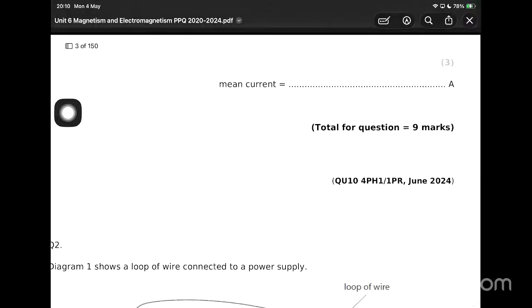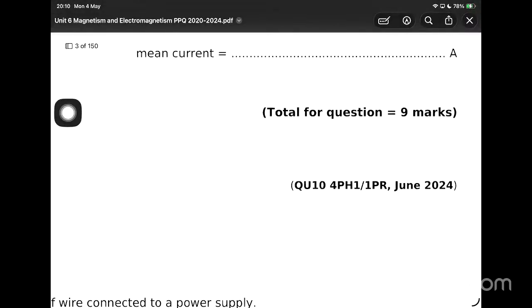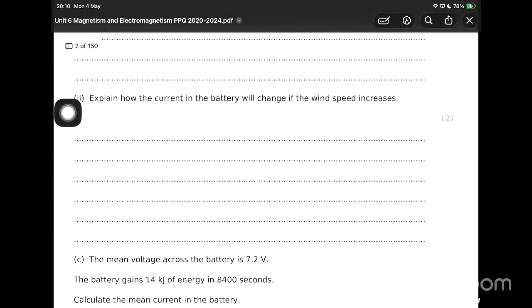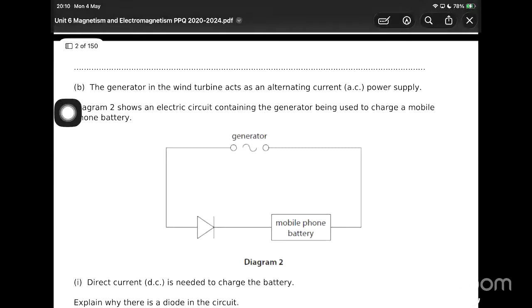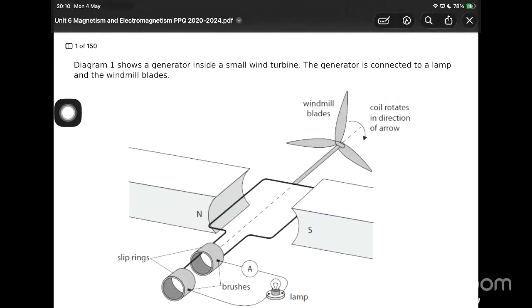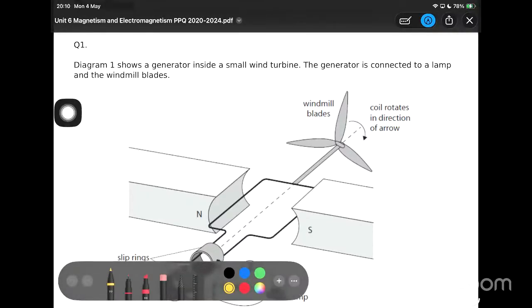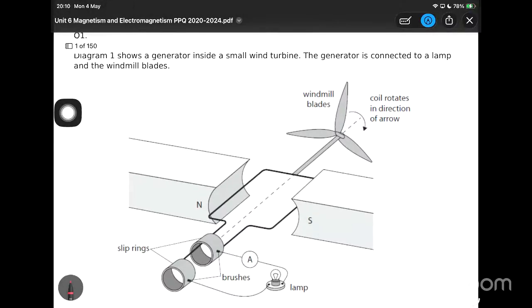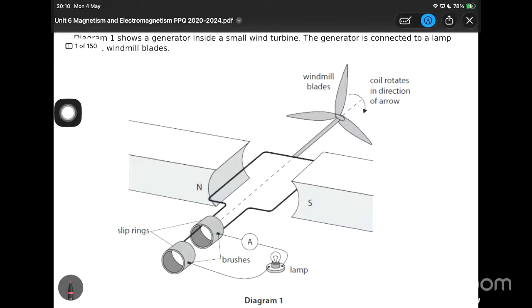So this is a recent question paper, the regional one from June 2024, right? So we'll discuss it. First part: diagram 1 shows a generator inside a small wind turbine. The generator is connected to a lamp and the windmill blades.